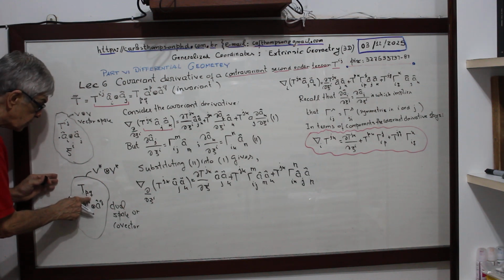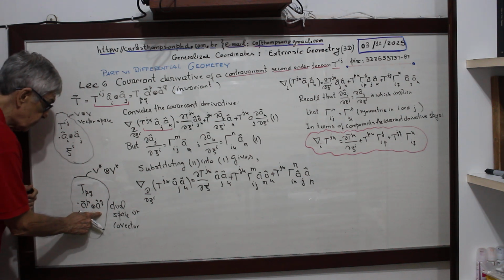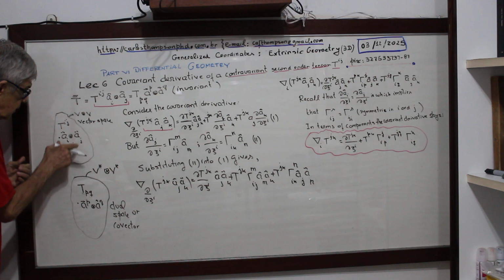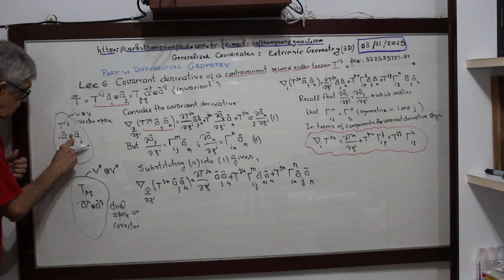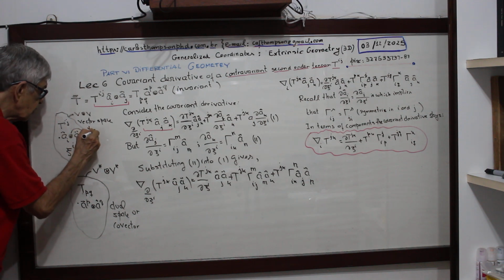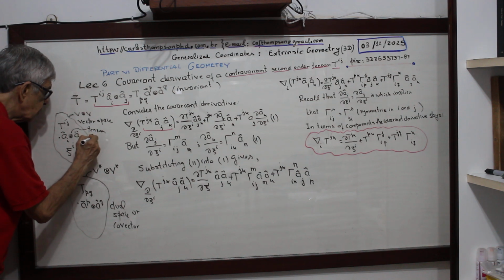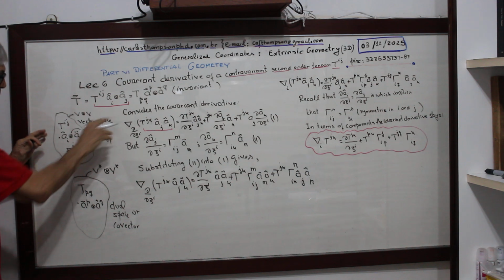And this is the basis dual vector. Here are the basis vectors. We're using this here. This is called, as I said, a tensor product. In general, you omit this when we derive.